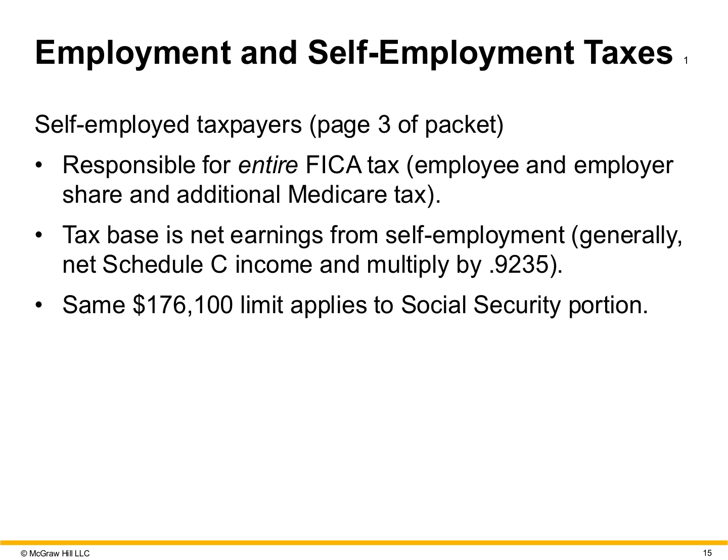That same $176,100 limit applies to the Social Security tax. For the Medicare tax, we calculate that as 2.9% times our net earnings from self-employment.